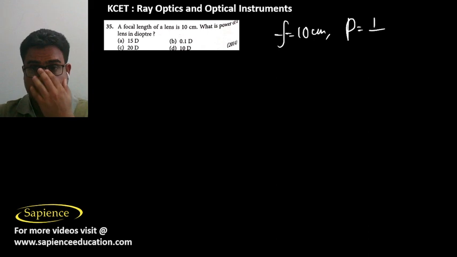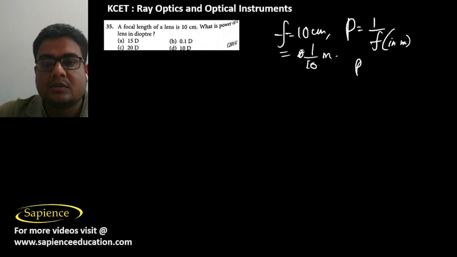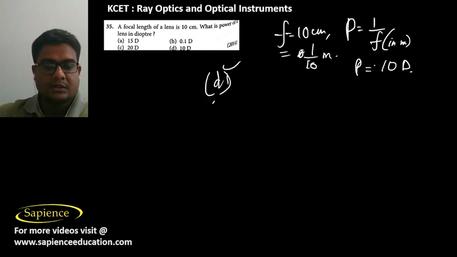P is equal to 1 by f, but in meters. So 10 centimeter is 0.1 or 1 by 10 meters. So the power of the lens will be 10 diopters. So option D is the correct answer.